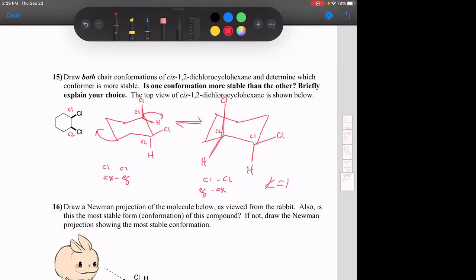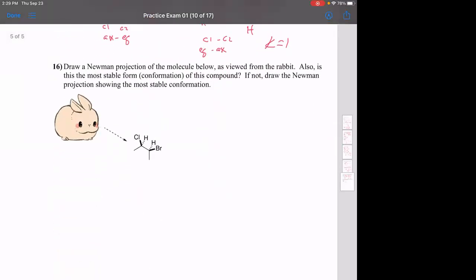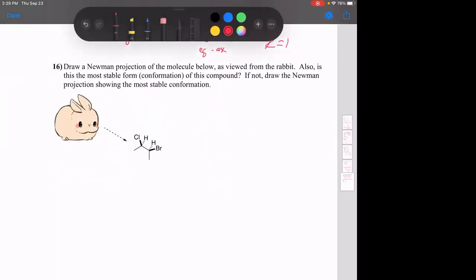All right. Finally, we get to the bunny. All right. So the bunny is looking at this molecule. All right. So if we look at his little paws, all right, this is his left paw if you were the bunny, and this is his little right paw. Okay. And so what we're going to do is we're going to see what he's looking at.